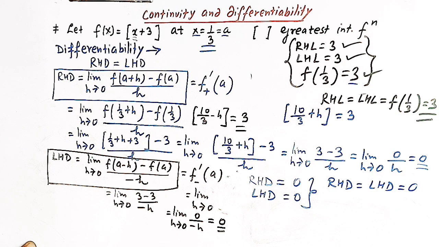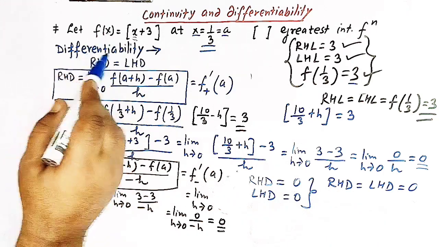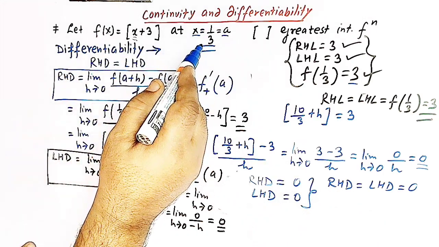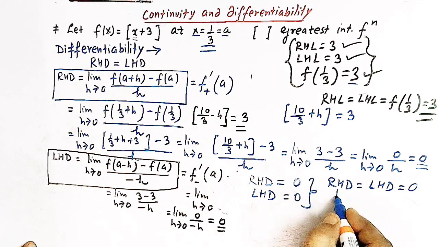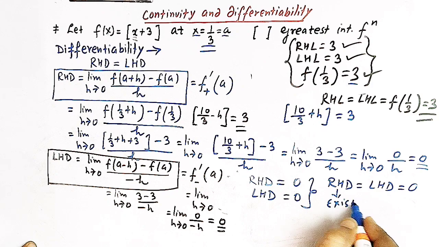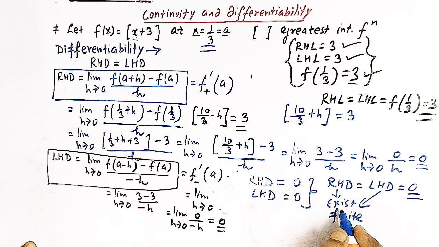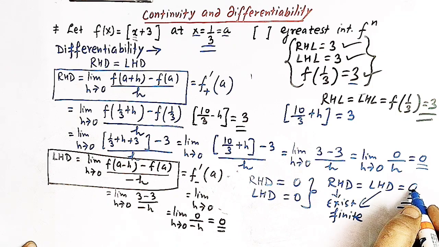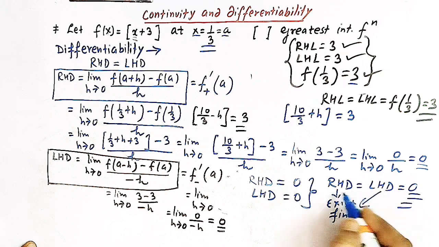So we can claim that this function is differentiable at x is equal to 1 over 3, because the right hand derivative exists, is finite and equal to 0. Similarly, the left hand derivative also exists, is finite and equal to 0. So right hand derivative is equal to left hand derivative, and both are equal to 0, right?